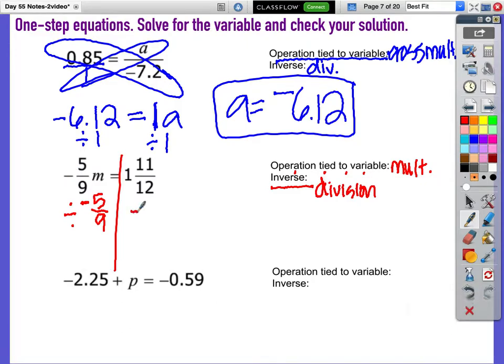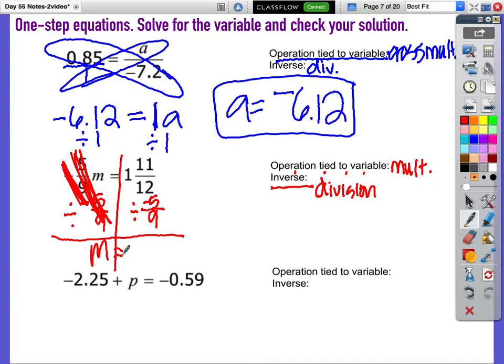So we're dividing by negative 5/9 on both sides. All right, we're going to cross out our negative 5/9 because we've not only crossed out the fraction, but we now have also made sure that we're canceling out that negative sign as well. So all that we have left is an m, and our equal sign is just brought down.